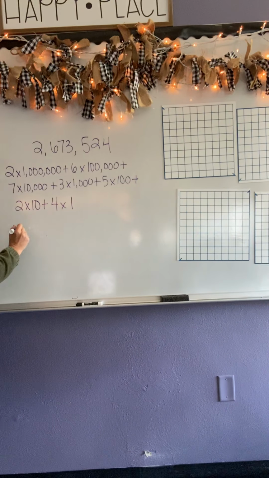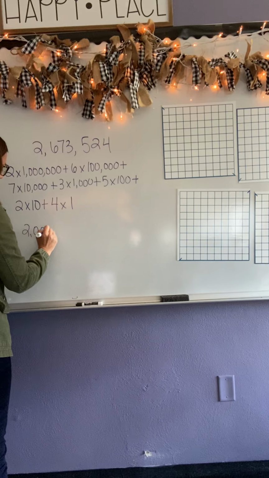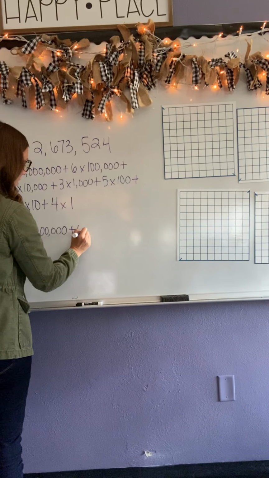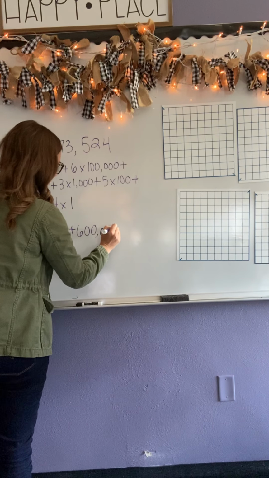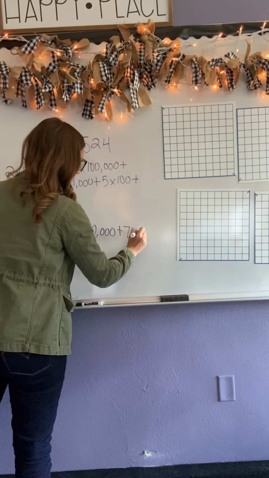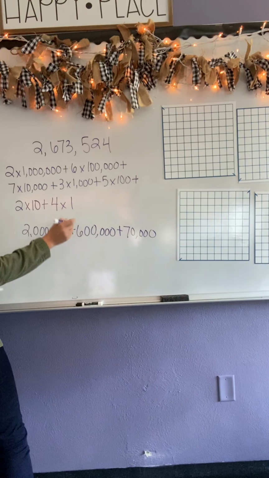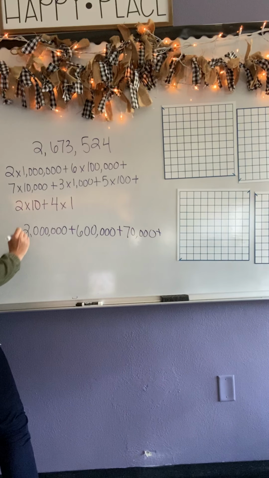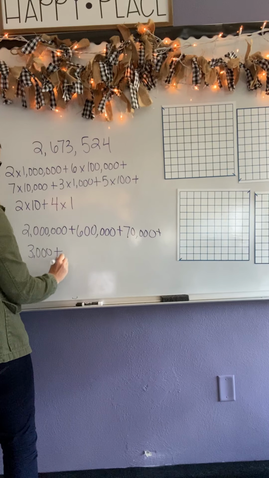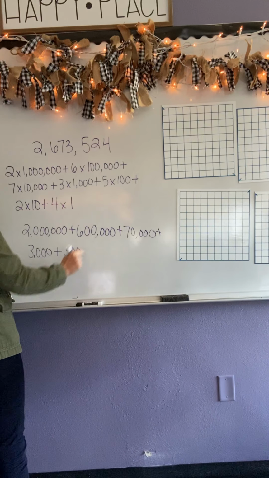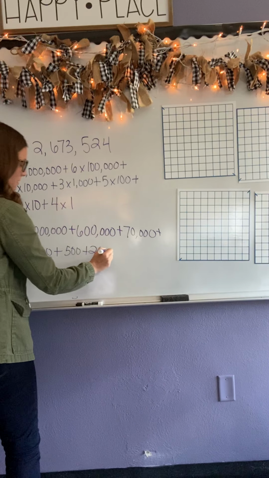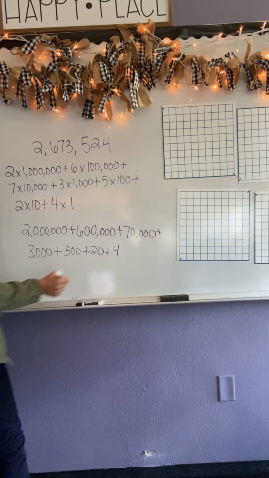It looks like this. 2 million plus 600,000 plus 70,000 plus 3,000 plus 500 plus 20 plus 4.